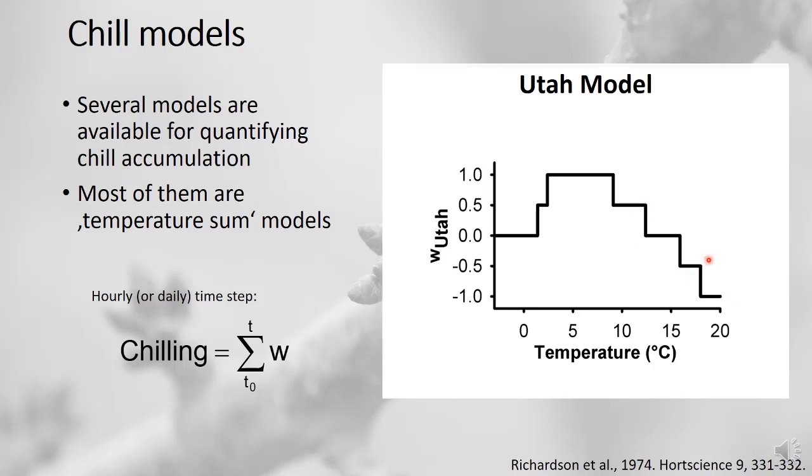And we also have an area where we exceed something like 15.5 degrees, where we actually have negative chill weights, which means that we can destroy again the chill that has already been accumulated in the past. This has been based on some observations that indicate that chill actually can be negated, so it can be destroyed again even after it has accumulated.